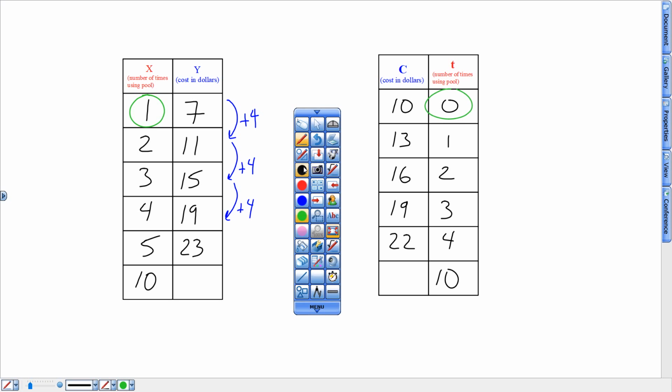If it's not, I could go up or down the column, repeating this pattern, but in the opposite direction. Adding by 4 going down, subtracting by 4 going up. What am I subtracting 4 from? This 7 data point right here. So that 7 minus 4 gives me 3, that all-important y-intercept. When x is 0, whatever y is, that's the y-intercept point right there in my data.